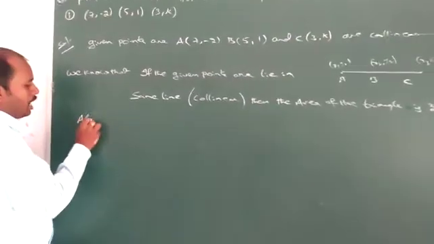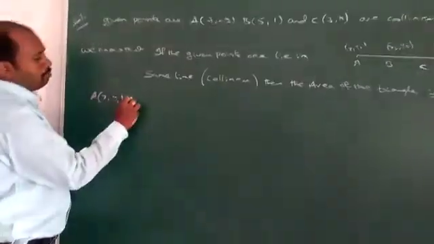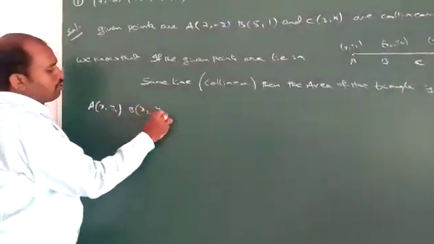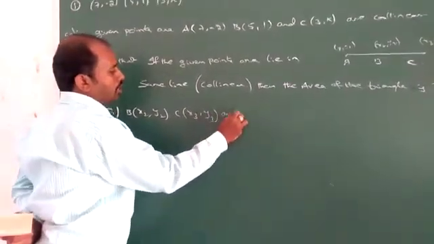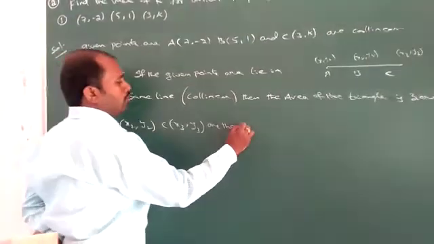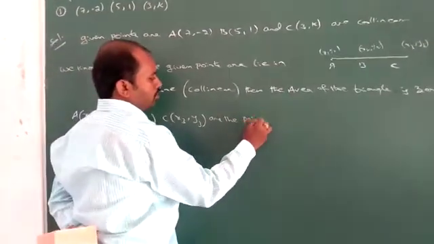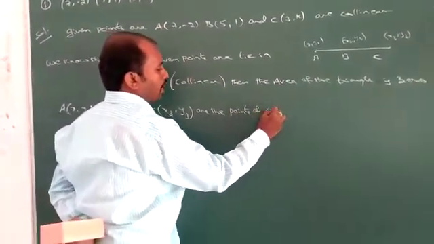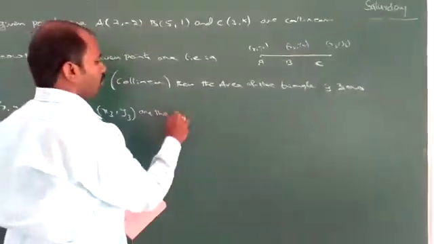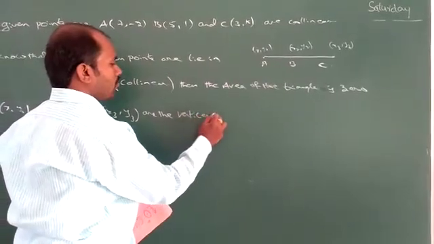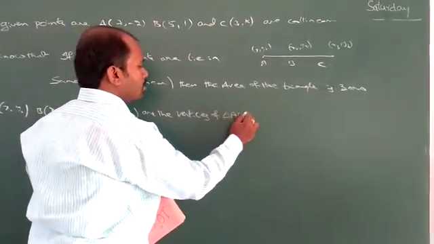Area of the triangle: A (x1, y1), B (x2, y2), C (x3, y3) are the vertices of triangle ABC.